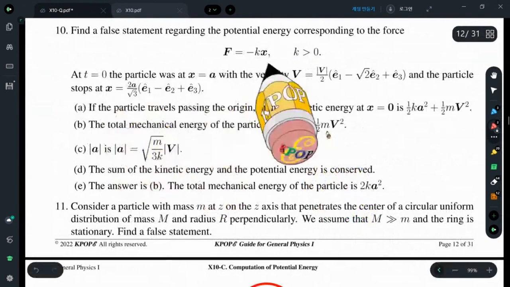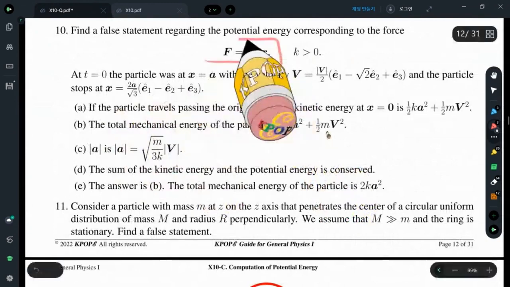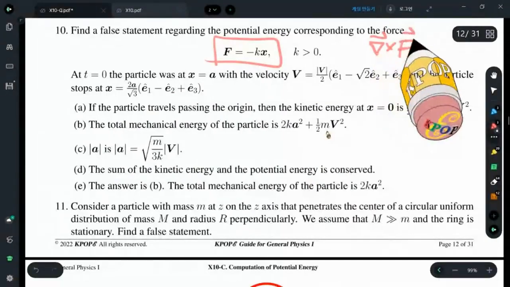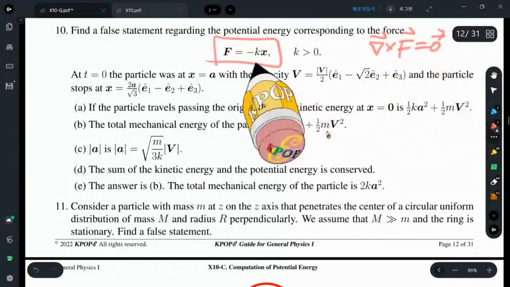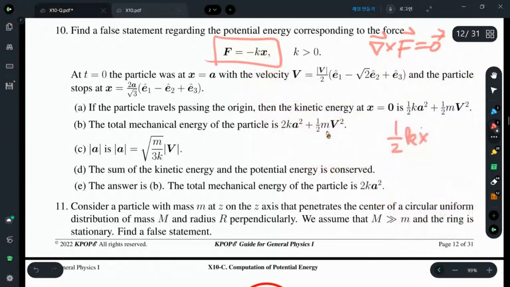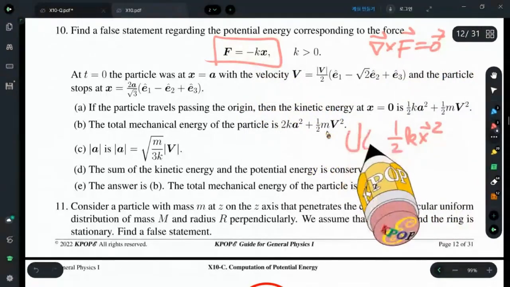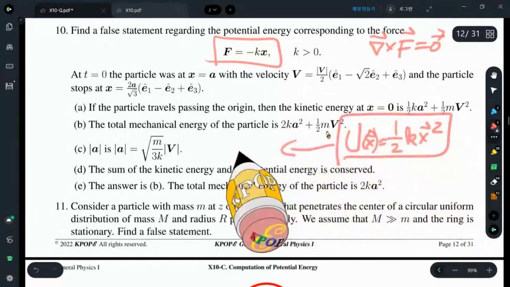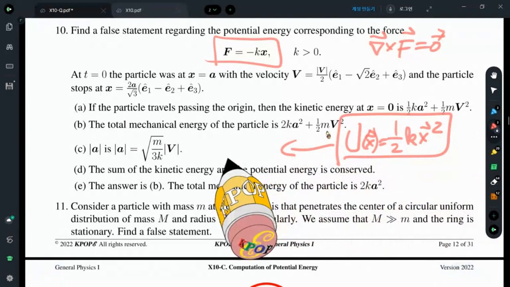Now, this curve is 0. And we know what the potential energy is. This is potential energy, U of x, it exists. Then we can make use of the total mechanical energy conservation because it is a conservative force.